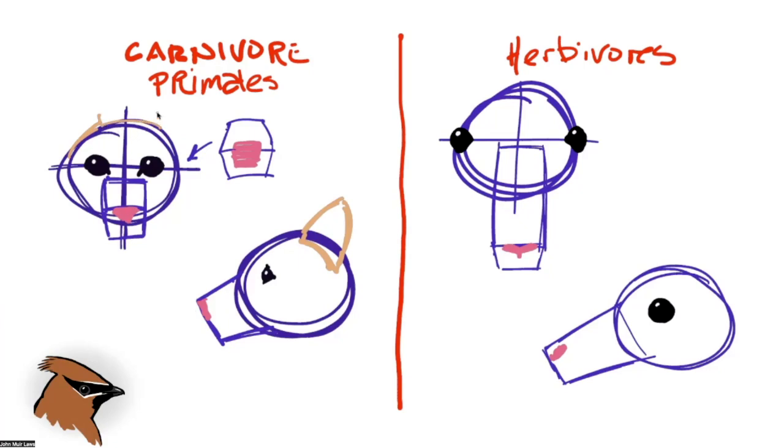If you're drawing something from the front, getting the right distance between those ears is very important. What is the angle that the ears pop up on the top of the head there? And that gives this a very forward facing look. Everything is facing forward here. On the herbivore, we're going to attach the ear also on the top there in that nose, eye, ear line.